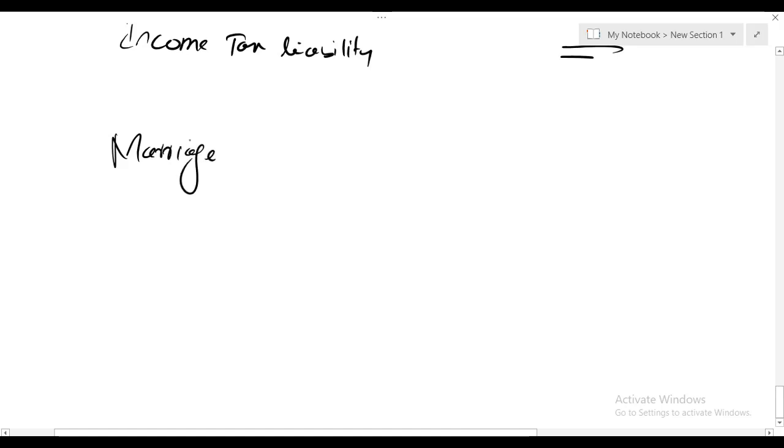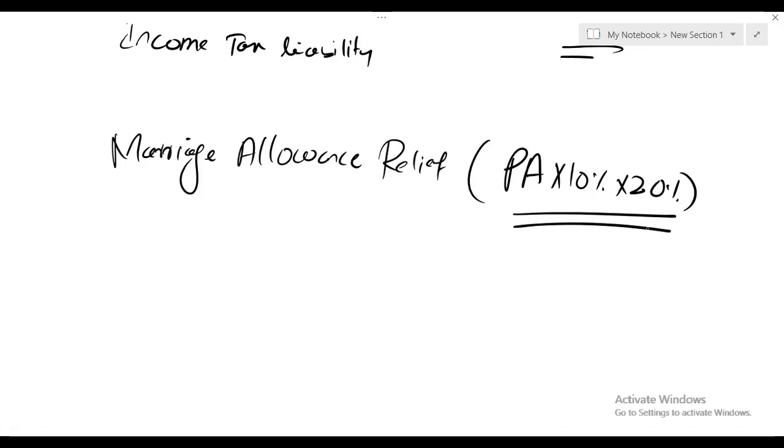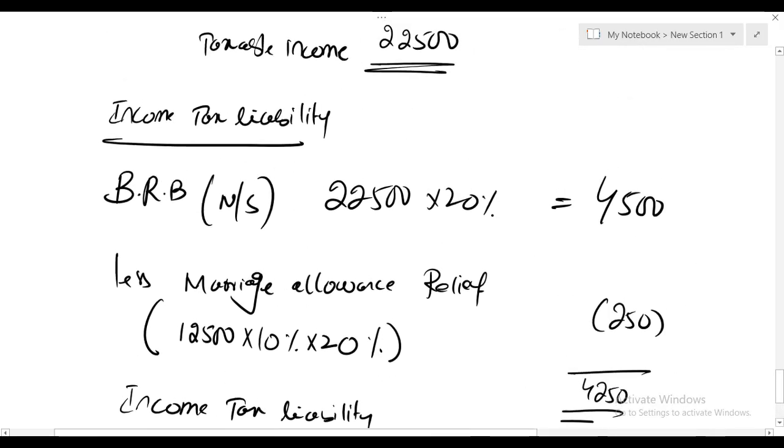Marriage allowance relief. Take the personal allowance, 10% of the personal allowance, and then just multiply this with 20%. So you will get marriage allowance relief, and deduct this marriage allowance relief from the income tax liability of recipient partner. So this is the presentation which you have to follow.